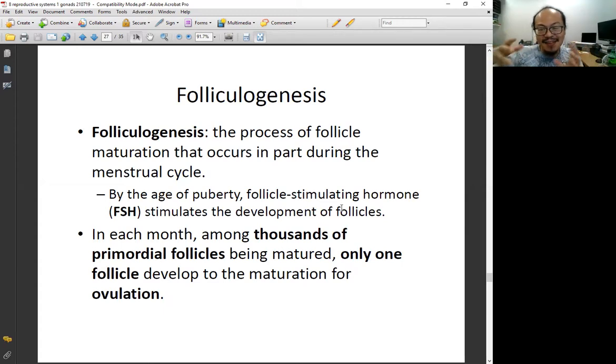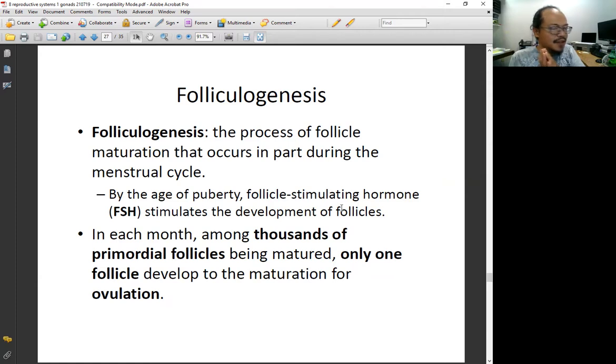Then the oocyte will be delivered, and when it's delivered, it's called ovulation, waiting for the sperm to come in and complete the fertilization.